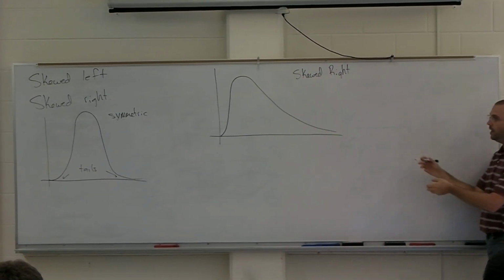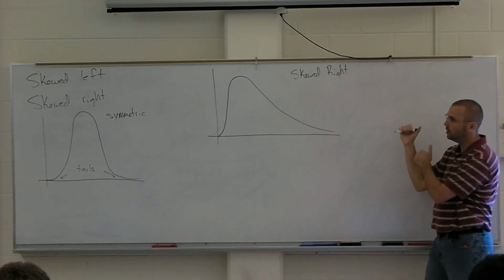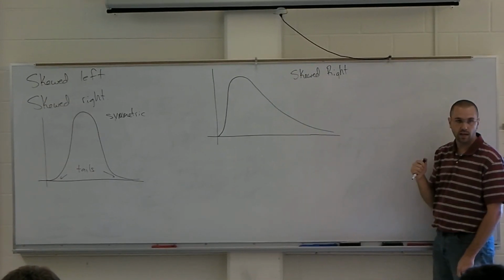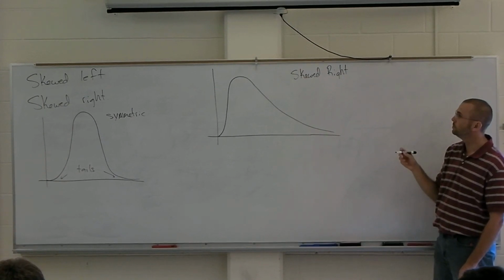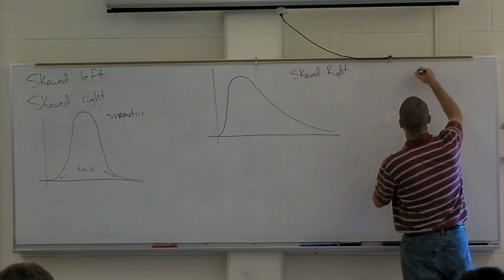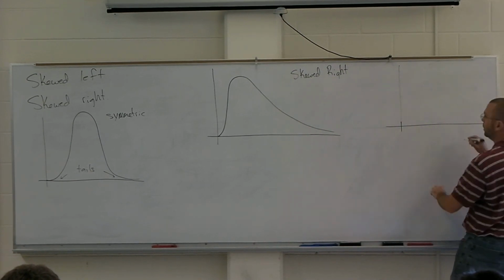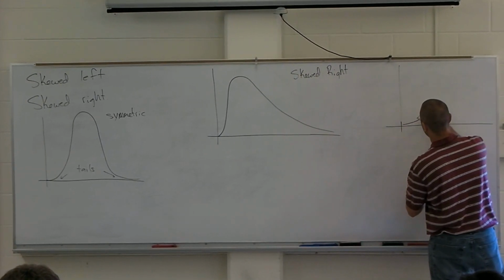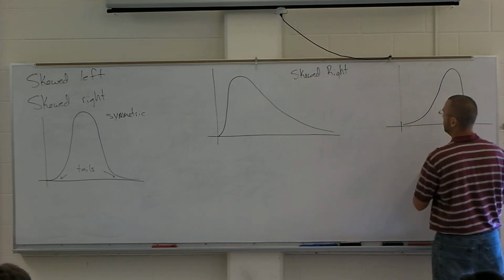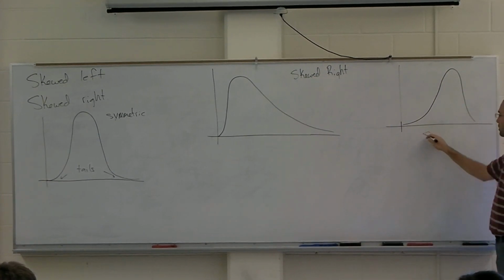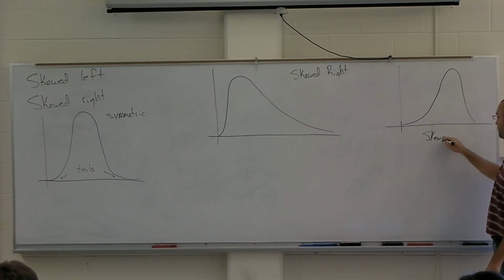The tail has been pulled to the right a lot further than the tail on the left. In a similar way, we can look at someone pulling on the left side tail, something like this. This would be our skewed left data.